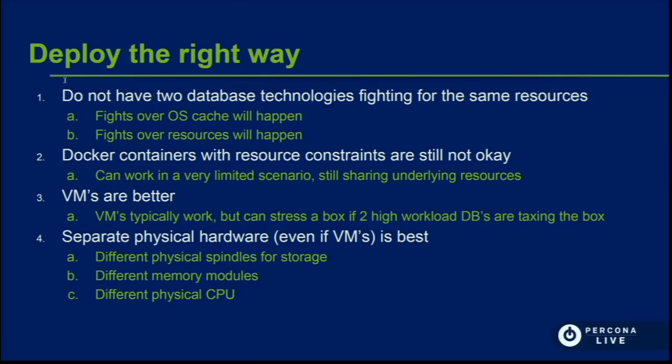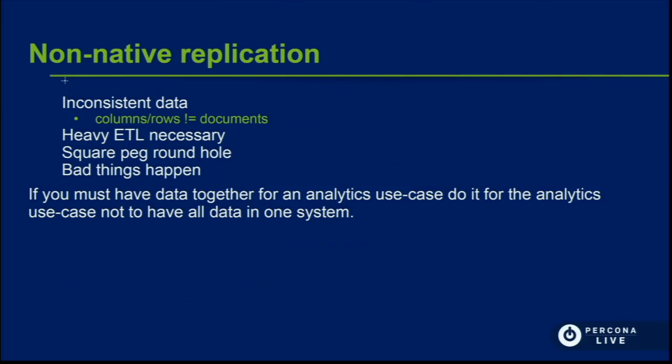So separate physical hardware in VMs is fine as long as you don't have two operational database loads on these separate physical hardwares. You know, different spindles, different memory, different CPUs. This may seem really obvious to some of you, but I've run into this quite a bit whenever architecting systems, where people are like, yeah, we can just put two technologies on one set of hardware.